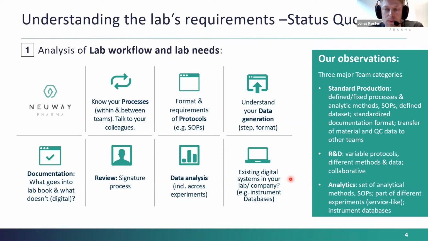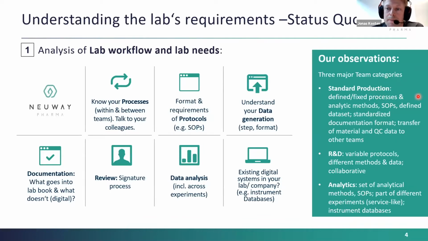Our observation was that we could divide our teams into mainly 3 categories that had relatively different needs and demands. One is standard production, which has very defined processes and a defined set of analytical methods, uses SOPs, of course, and generates data sets that are basically just growing but don't really change in what goes in.